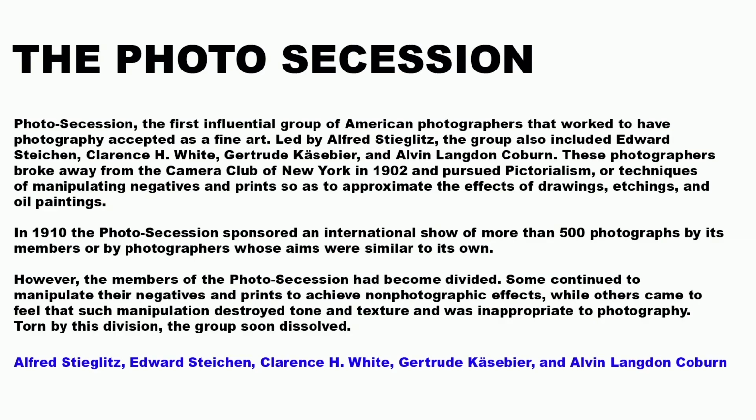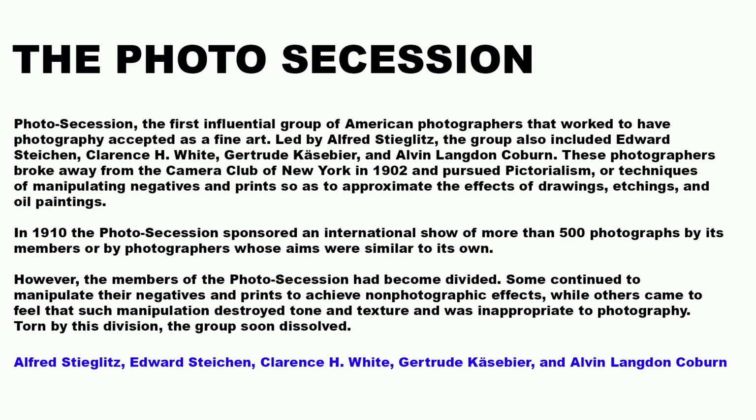The Photo-Secession was the first influential group of American photographers that worked to have photography accepted as a fine art. Led by Alfred Stieglitz, the group also included Edward Steichen, Clarence H. White, Gertrude Käsebier, and Alvin Langdon Coburn.